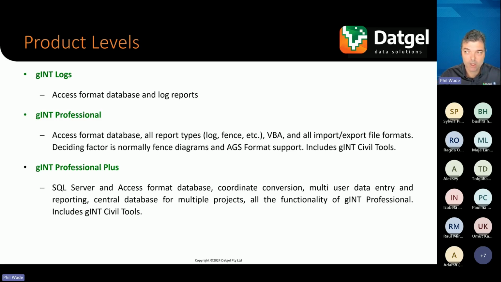You can write VBA code and import and export all the formats, including AGS format, which is often the deciding factor for many people. The other common deciding factor is that it has fence diagrams. And this includes gINT Civil Tools, whereas gINT Logs does not include gINT Civil Tools.